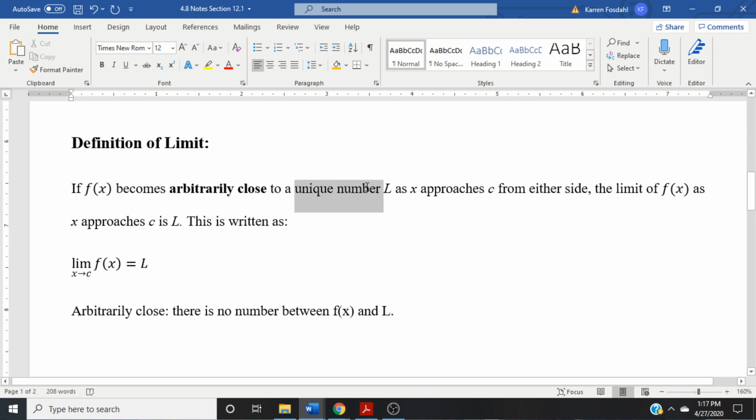Unique number means it can't be more than one number. So the limit requires one unique L.